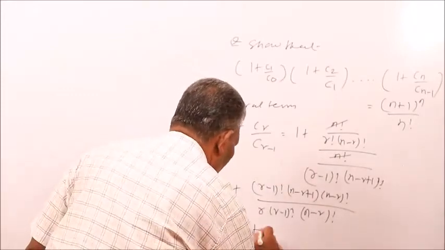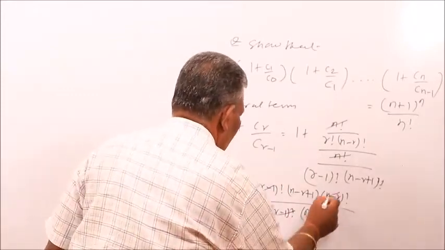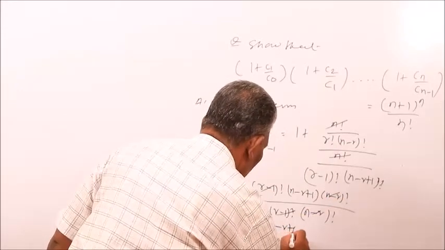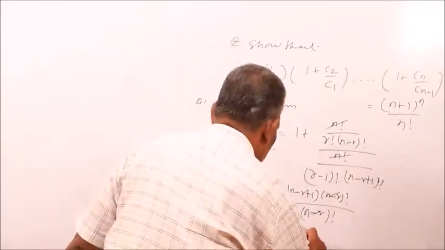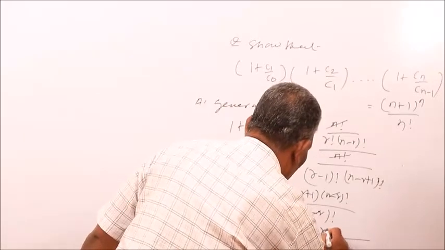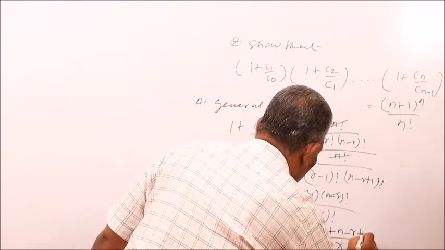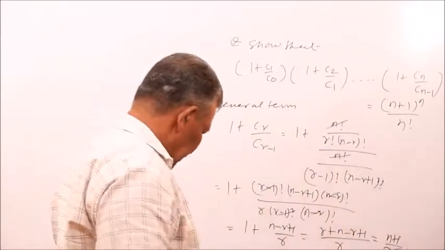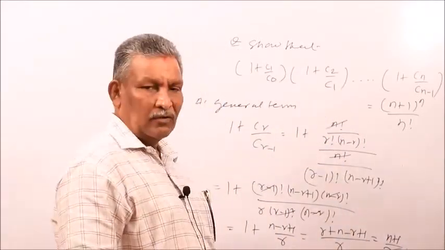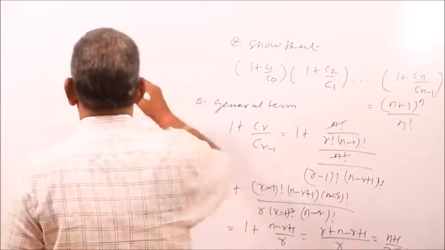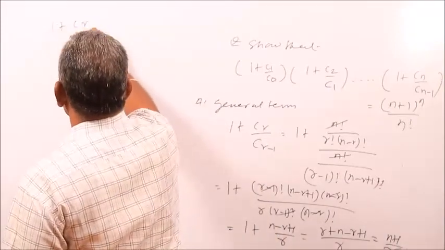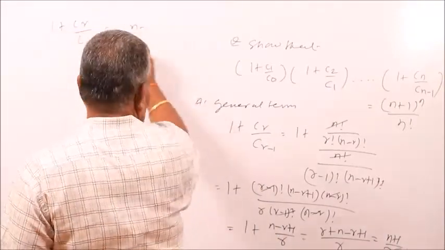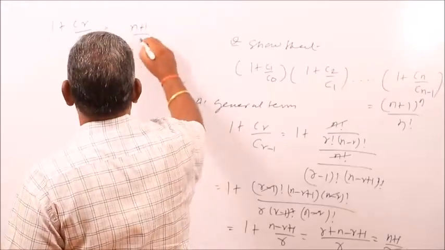So we have 1 plus n minus r plus 1 by r. Taking LCM, r plus n minus r plus 1, that is n plus 1 by r. So 1 plus Cr by Cr minus 1 equals n plus 1 by r.